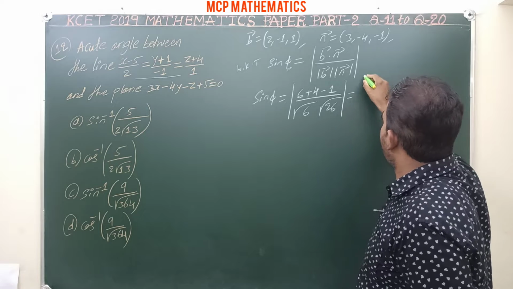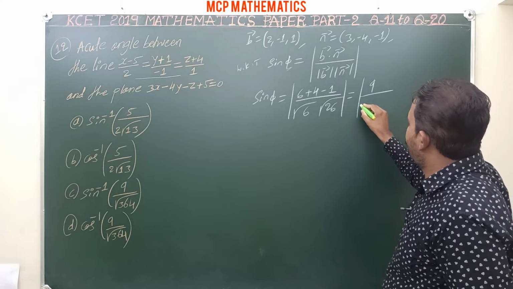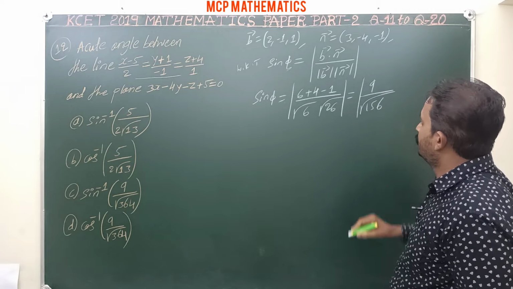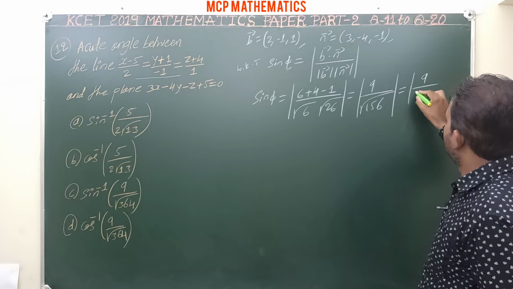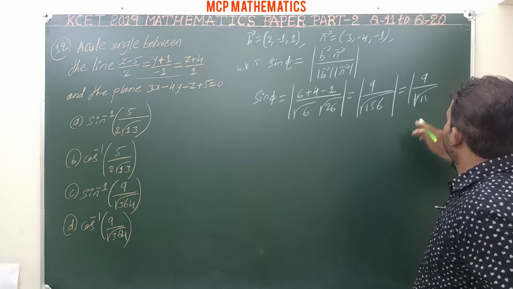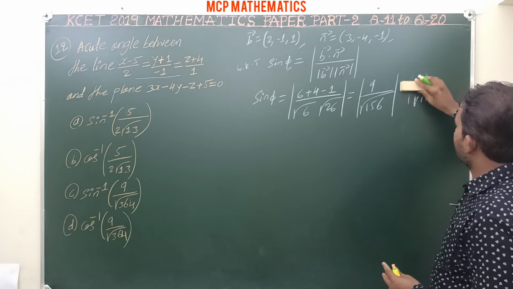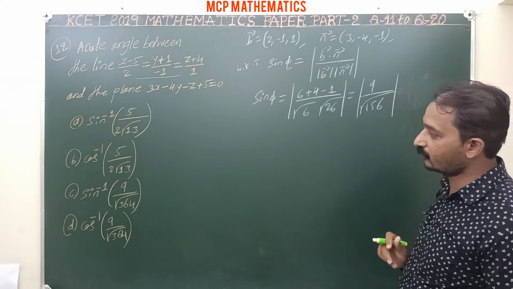So now it can be written as 6 plus 4, 10 minus 1, 9 divided by square root of 156. So now the answer is obtained. In this case φ is equal to sin inverse of 9 divided by square root of 156.